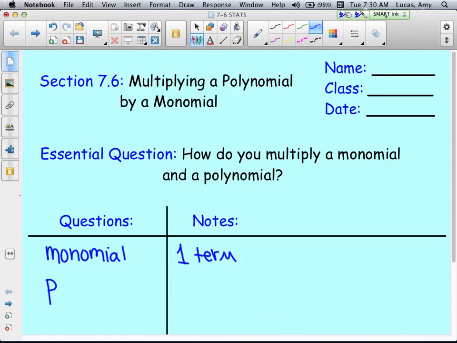You also may remember that a polynomial, poly means many, so a polynomial can just have many terms. So while monomial has just one term, because of the prefix mono, meaning one, the prefix poly means many. So we are going to take one term, a monomial, and multiply it by many terms, a polynomial.